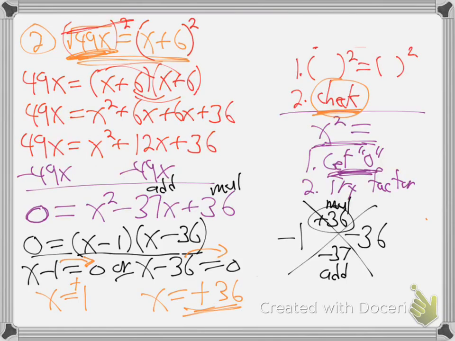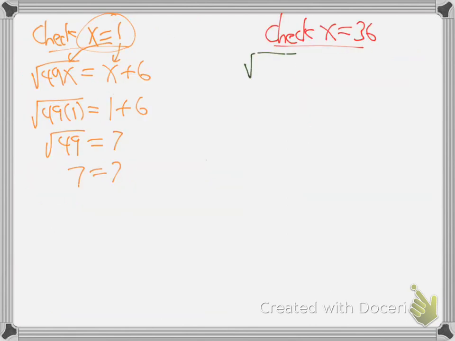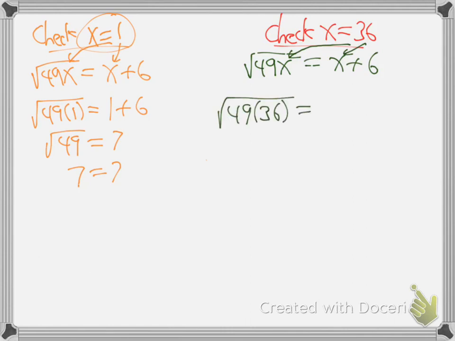And where do we check? Back in the original: square root of 49x equals x plus 6. So put in the 36. The square root of 49 times 36 is 36 plus 6.